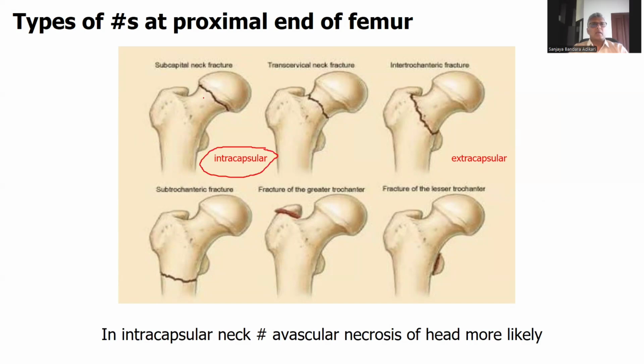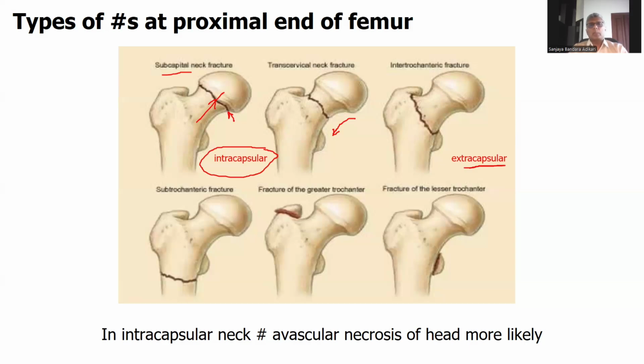If the fracture is more towards the head, like subcapital fractures just below the head, those are at the highest risk. The more you go towards the intertrochanteric line, the less risk of avascular necrosis, from what I understood. If the fracture is extracapsular, then the risk is not there actually.